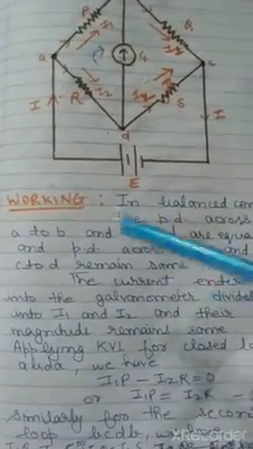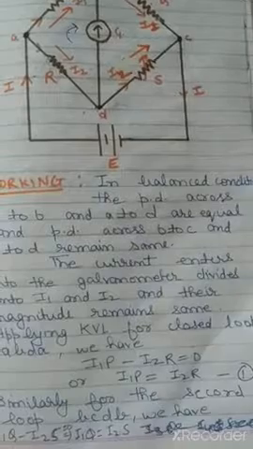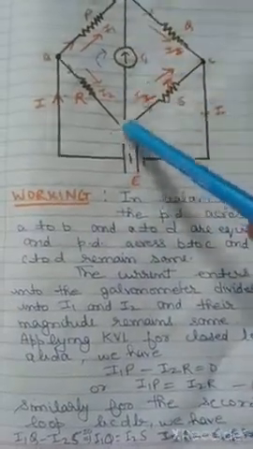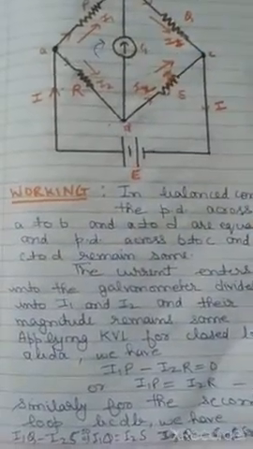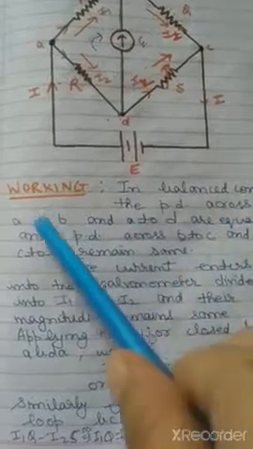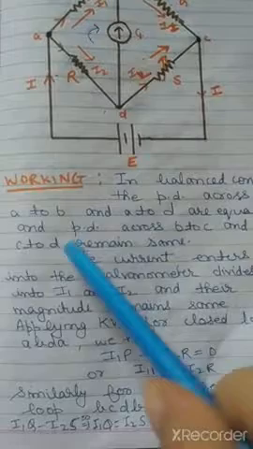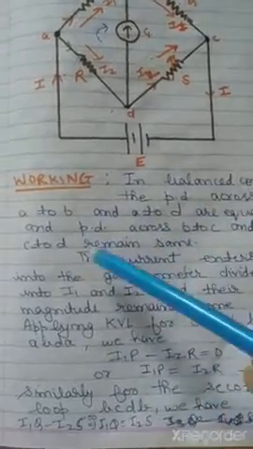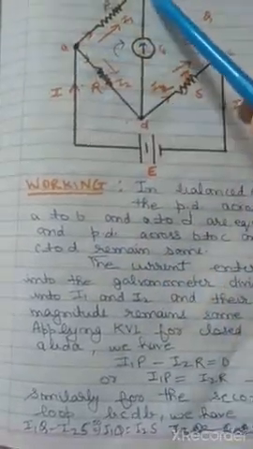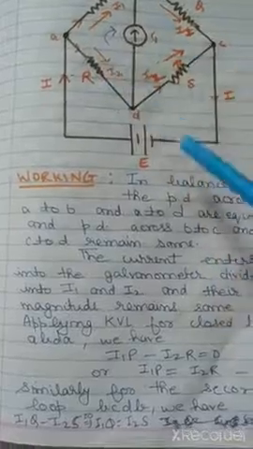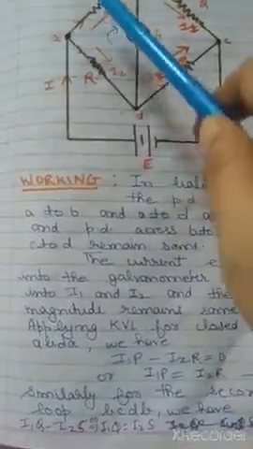So the working, we can write it as: in the balanced condition when no current flows through the galvanometer, the PD across A to B and A to D are equal, and the PD across B to C and C to D remain the same. The magnitudes of I1 and I2 will remain the same.